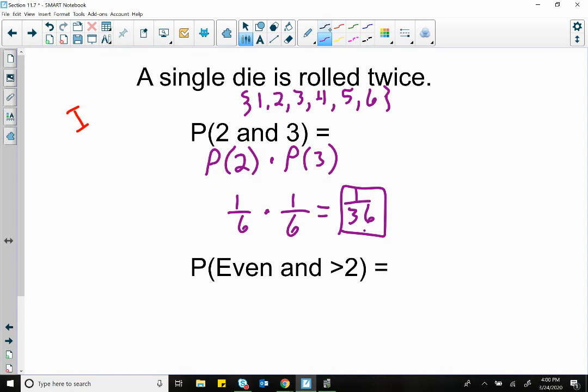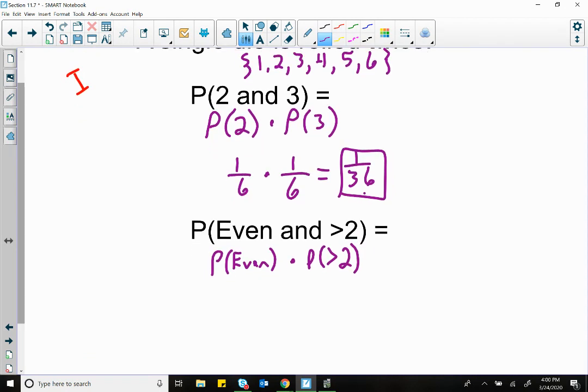Down below, again, these are all independent, so we need the probability of an even times the probability of a number greater than 2. Well, how many evens are there? There's 2, 4, and 6, so that's 3 out of 6. How many numbers are greater than 2? Well, there's 3, 4, 5, 6, so that's 4 out of 6.